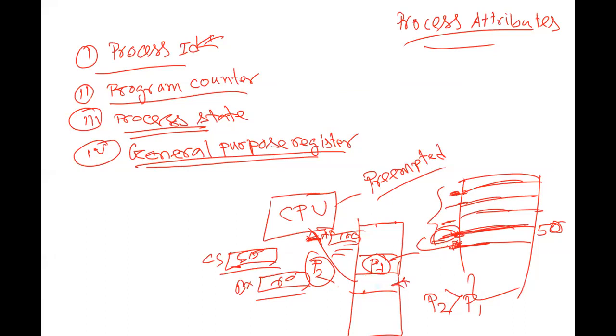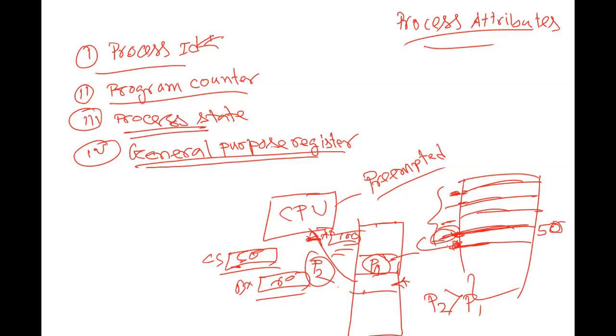Let's see, after some time P2 completes its execution, and then it will be terminated by your operating system from RAM, because it completes its execution. Then P1 will again get a chance to start the execution.